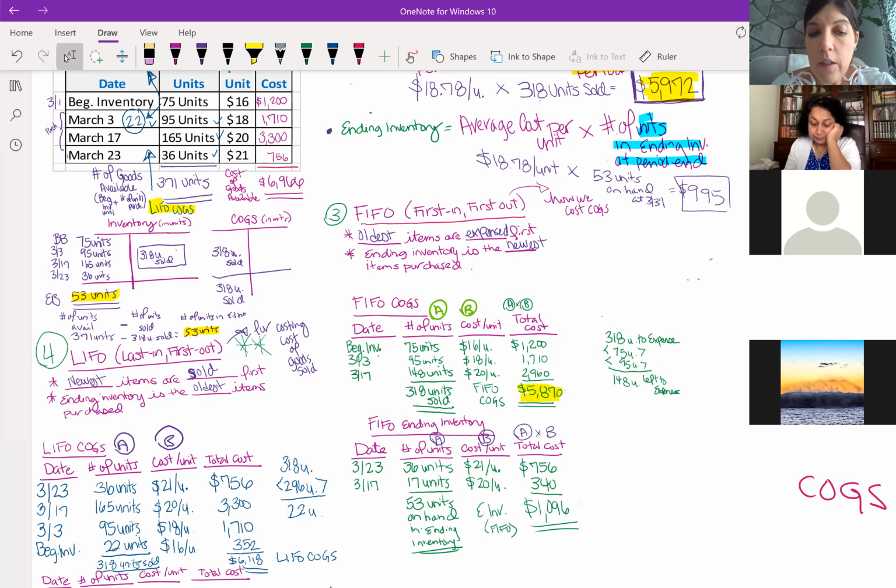So 6,118 is what we calculated for LIFO's cost of goods sold compared to average cost of goods sold of 5,972, and FIFO coming in at the lowest, 5,870. So we know that we roughly have it correct.